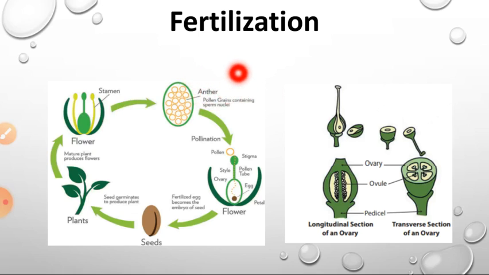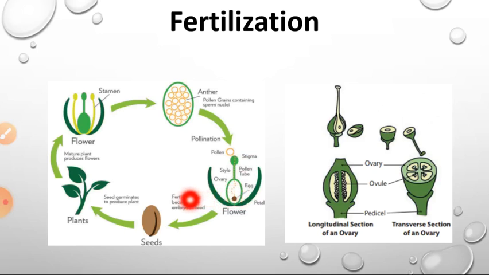Anther only supports the pollen grains, and pollen grains are the main part of the pollination process. Then they reach the female part of the flower, the stigma. So this is the stigma. Then after that it comes inside and finally reaches here. So this is the flower.